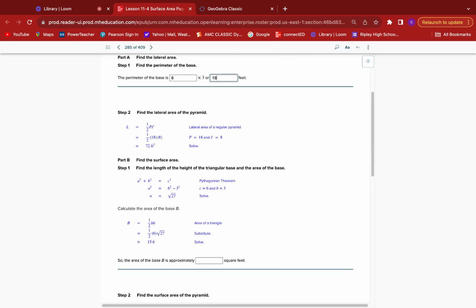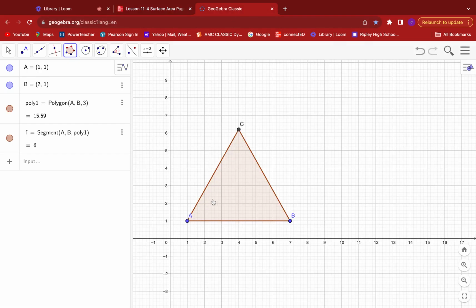Okay, so we have to find the area of this triangle. All right, so to make it easier, what I did is I pulled up my GeoGebra and I drew a triangle that has 6 equal sides. 1, 2, 3, 4, 5, 6. And I made it regular. So this is the same length all the way around. So 6 on all 3. All right.